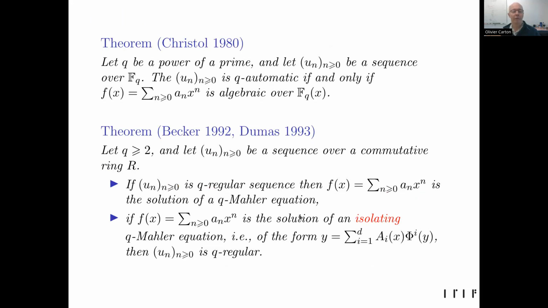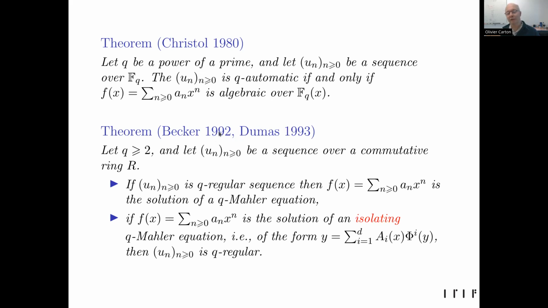And then I recall to you Christol's theorem: q-automaticity is equivalent to being algebraic over F_q, and it has been extended to the setting of regular sequences and weighted automata, at more or less the same time, by Becker and Dumas.